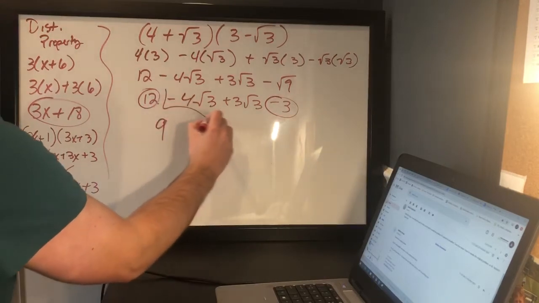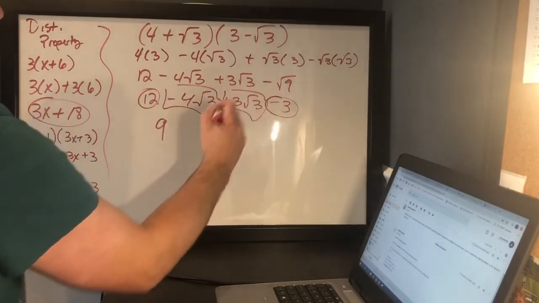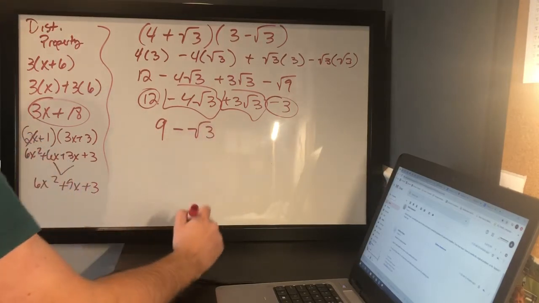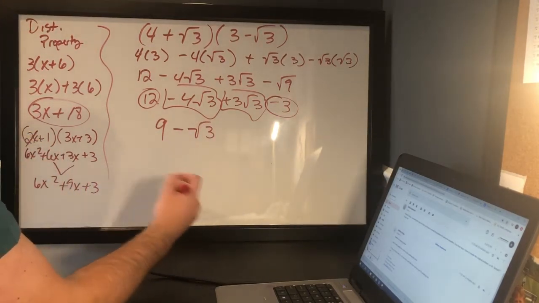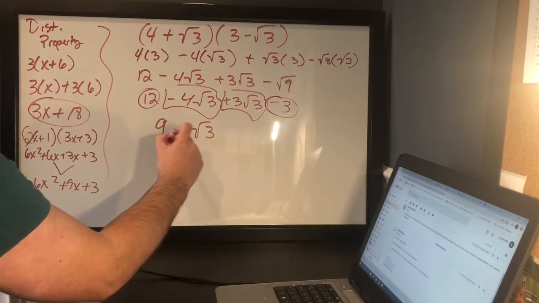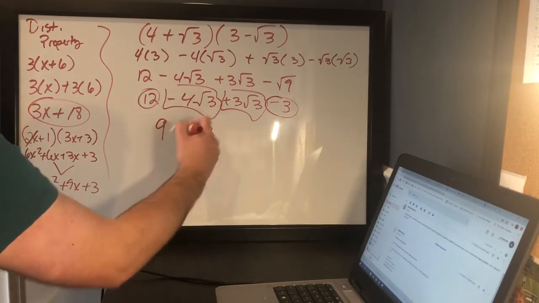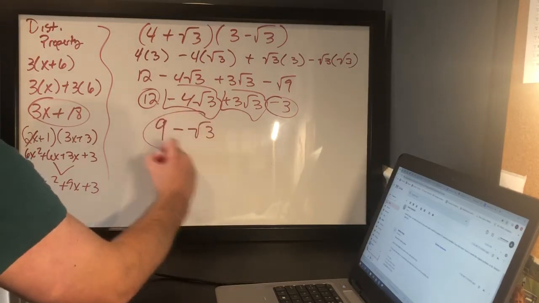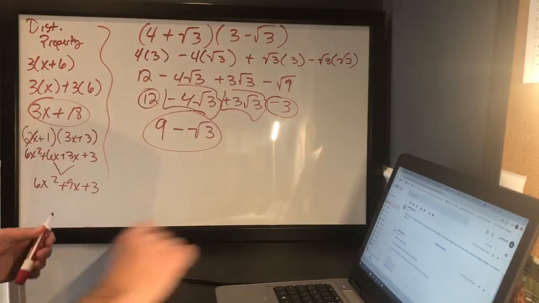Now we have a negative 4 radical 3 plus 3 radical 3, which gives us minus radical 3. In this case, it's always better just to write your constant first, then minus your radical at the end, okay? So this would be your answer to that problem.